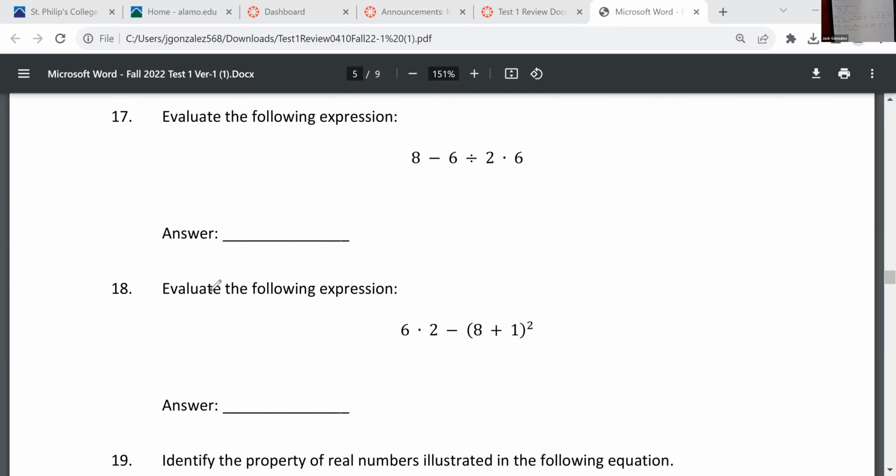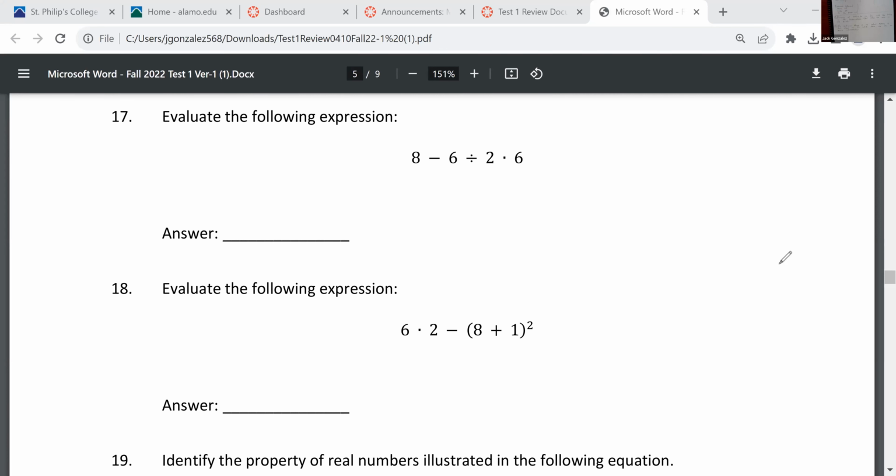What are you testing on this question? The topic was this. Testing us on PEMDAS, right? The order of operations, so start from left to right.